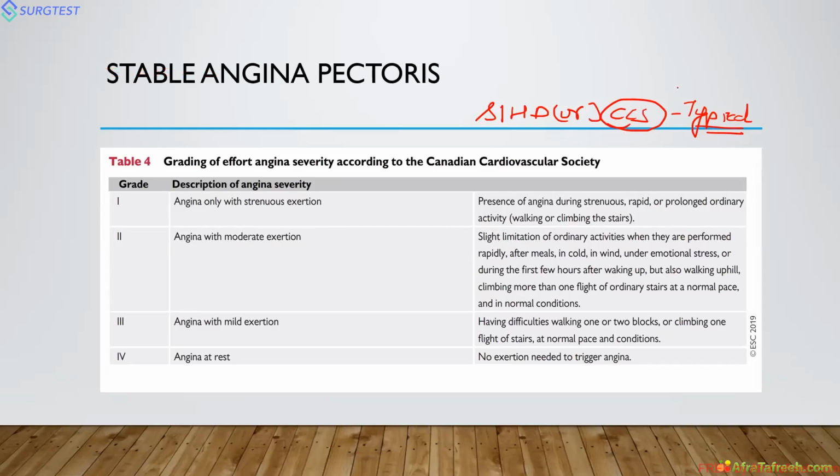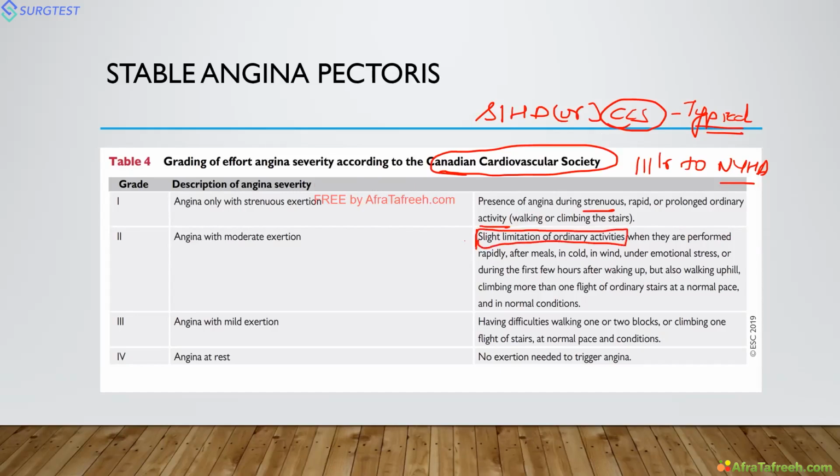Based on this typical angina, you have to classify the symptoms using the Canadian Cardiovascular Society classification. This is similar to the NYHA classification. Here you can see grade 1, grade 2, grade 3, grade 4. Grade 1 is angina during strenuous exercise. Grade 2 is slight limitation of ordinary activities, which means the patient will have angina while walking uphill or walking more than 1 flight of stairs.